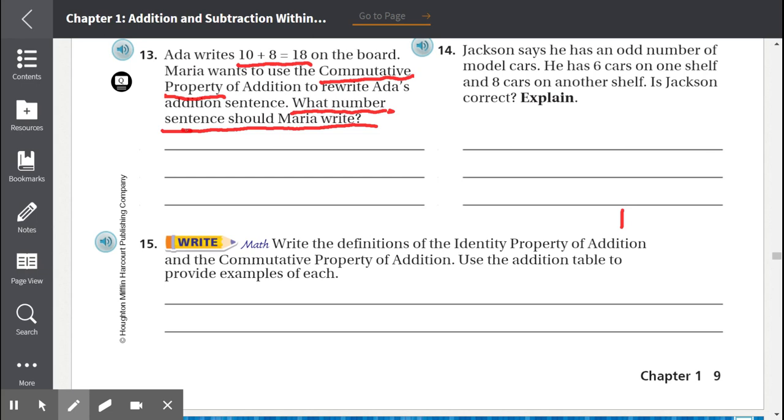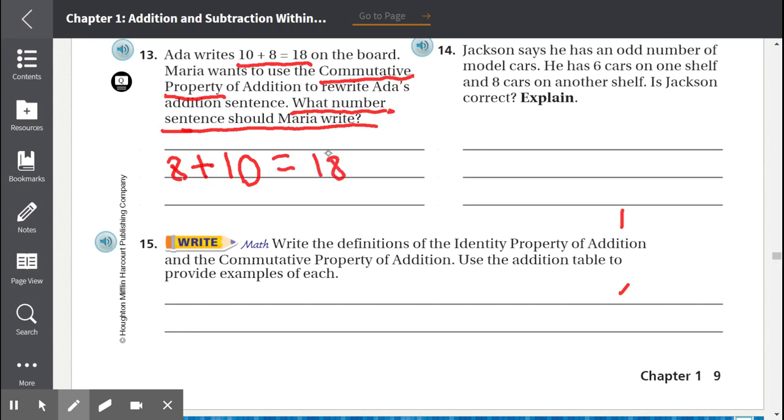Okay, so since we have 10 plus 8 equals 18, we have to rewrite it as 8 plus 10 equals 18.